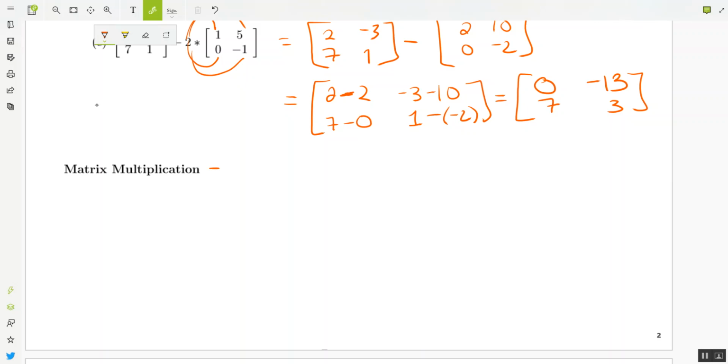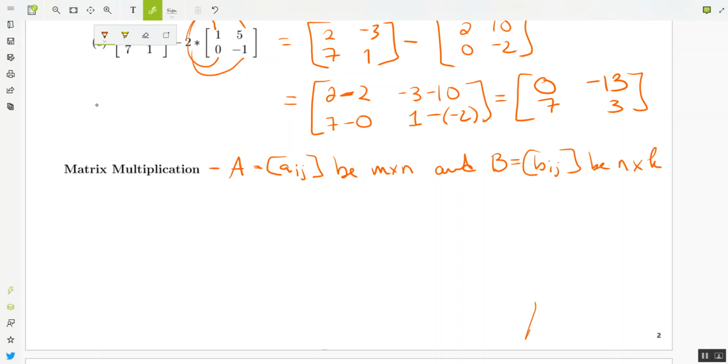So we're going to have A, little a_ij, like I have been doing. That's supposed to be an i, j. A is m by n, and we're going to have another matrix B, with little b_ij's, and this is very important, B is n by k, so it's a different size.